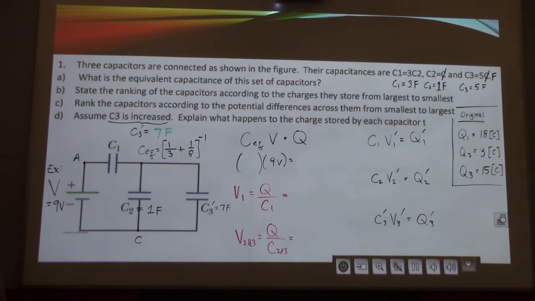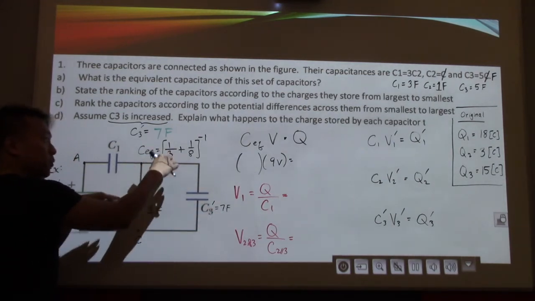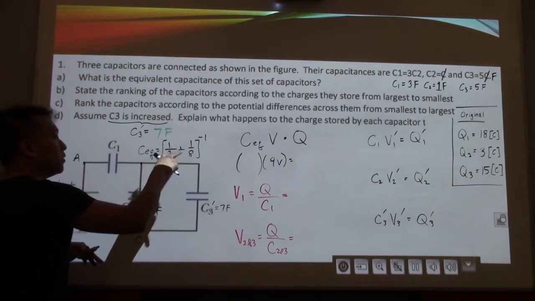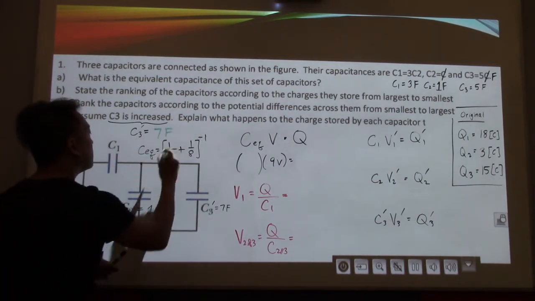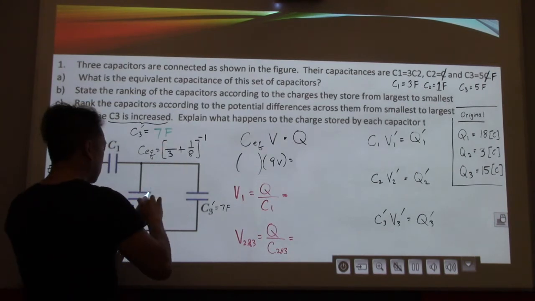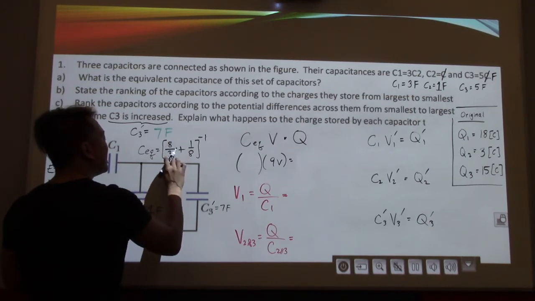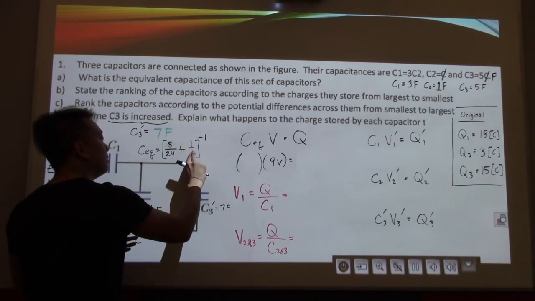When you get common denominators, because this was in series, it's 1 over 3 plus 1 over 8. So this is 8, and this is 24, times by 3 over 3.